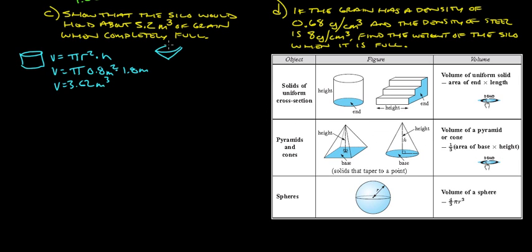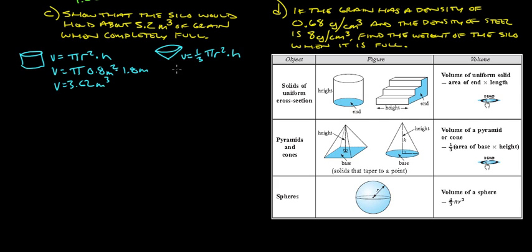So let's go with the cone piece here. The volume there is going to be 1/3 the area of the base, which is pi r squared times the height.